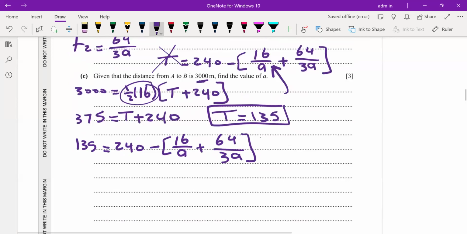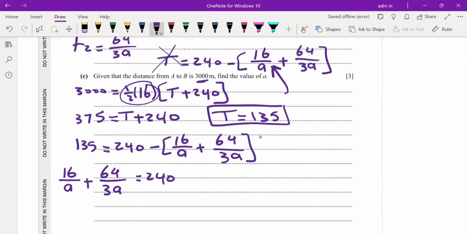By moving the negative to the other side, 16 over A plus 64 over 3A is equal to 240 minus 135.